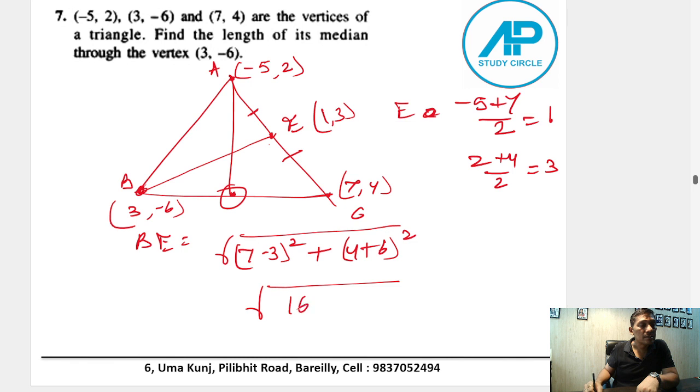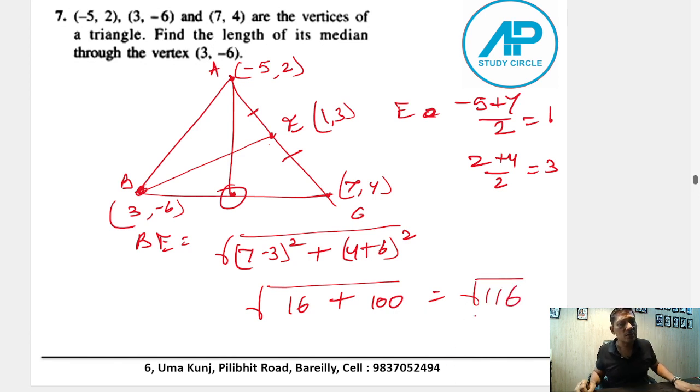That is 16 plus 100. Alright, that gives you 116. You can find the factors of it, convert it into the mixed form or leave it here. It does not make any difference for you. Length of median is root 116. Right, I guess clear.